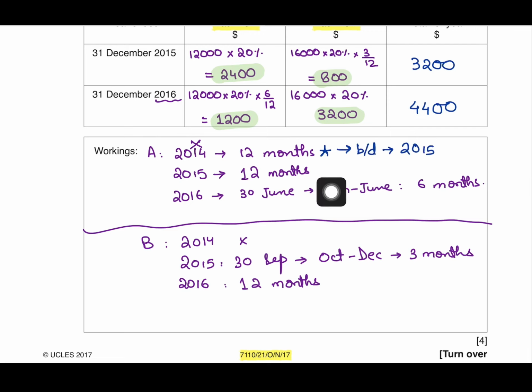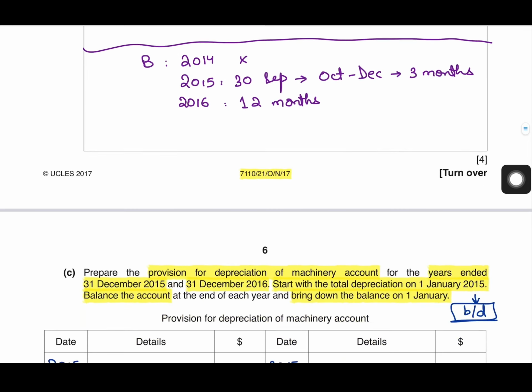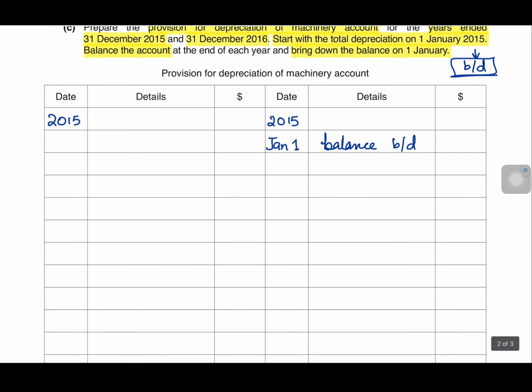So what would have been the depreciation charge in 2014? Same as 2015, right? So that was how much? 12,000 multiplied by 20%, because it was bought on the first date of the year. So 12,000 multiplied by 20% would now become our balance brought down, and that would be how much? 2,400.